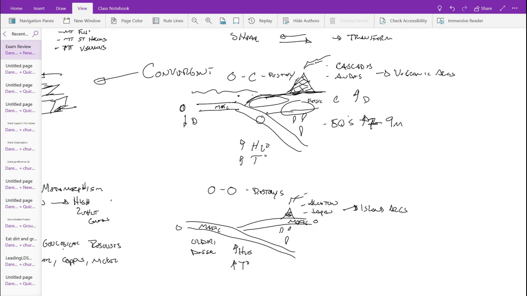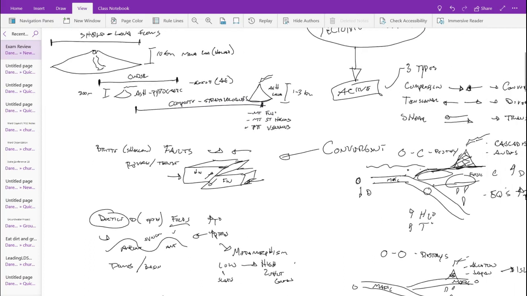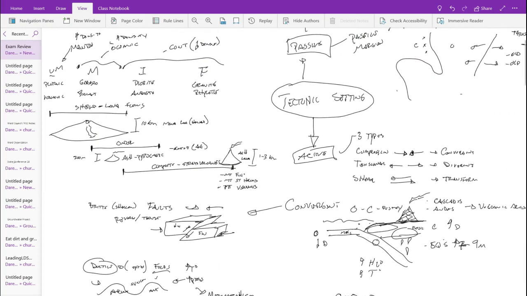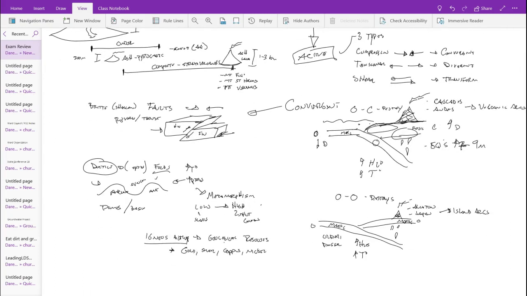Here you tend to get stratovolcanoes, but you can also get cinder cones at either one of these, really, because if you remember right, you're going to get these lower and intermediate materials at the ocean, because you're getting two mafic materials, and as they rise up, it's going to become more intermediate.